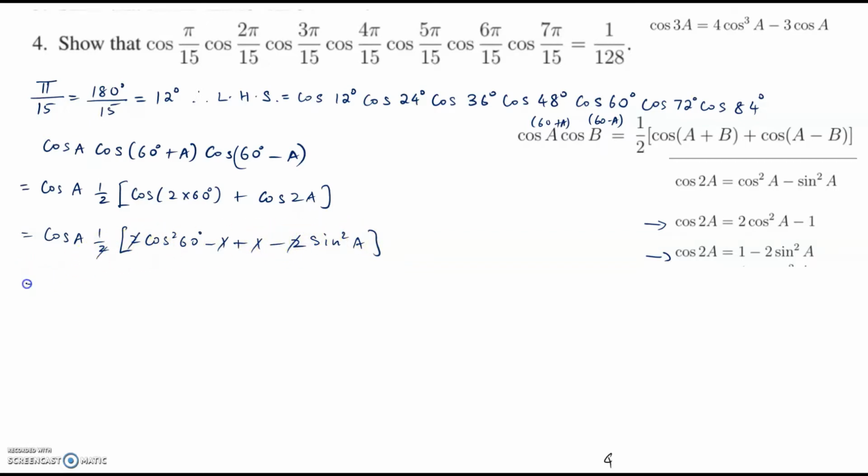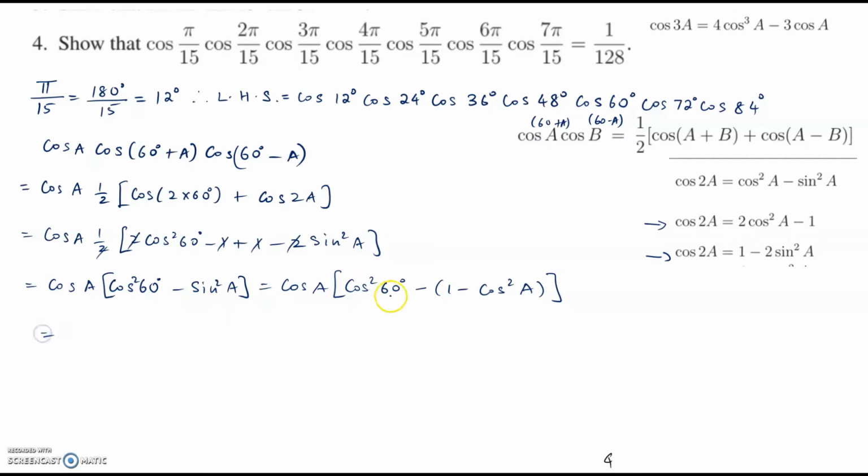So you will be left with cos A times cos squared 60 degrees minus sine squared A. Now let's replace sine squared A with 1 minus cos squared A. So this is equal to cos A within bracket cos squared 60 degrees minus 1 minus cos squared A. Further simplifying, cos 60 is 1 by 2, so cos squared 60 will be 1 by 4.